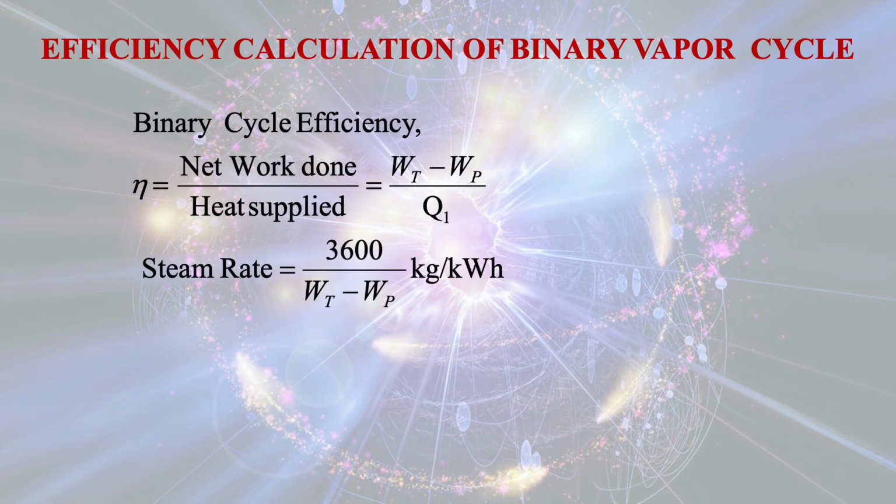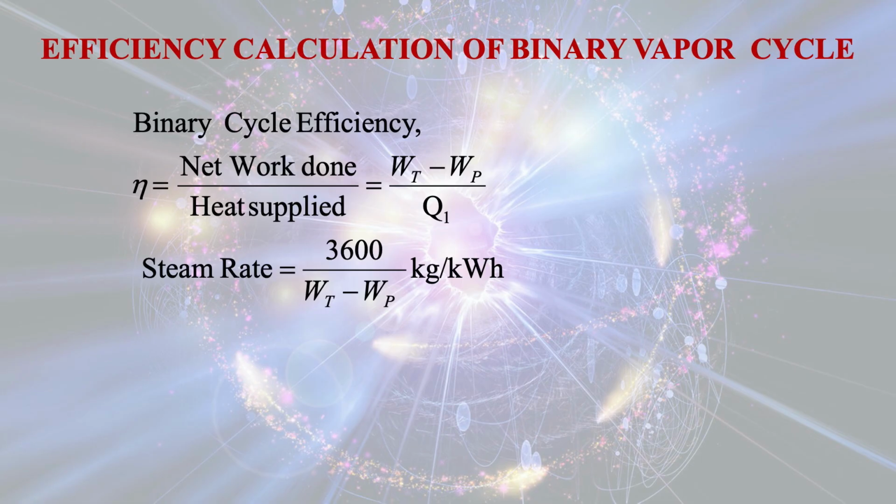Once you have WT minus WP as the output net work, and Q1 is known, there is no problem in calculating the efficiency, which is equal to net work done divided by the heat supplied, that is WT minus WP divided by Q1.